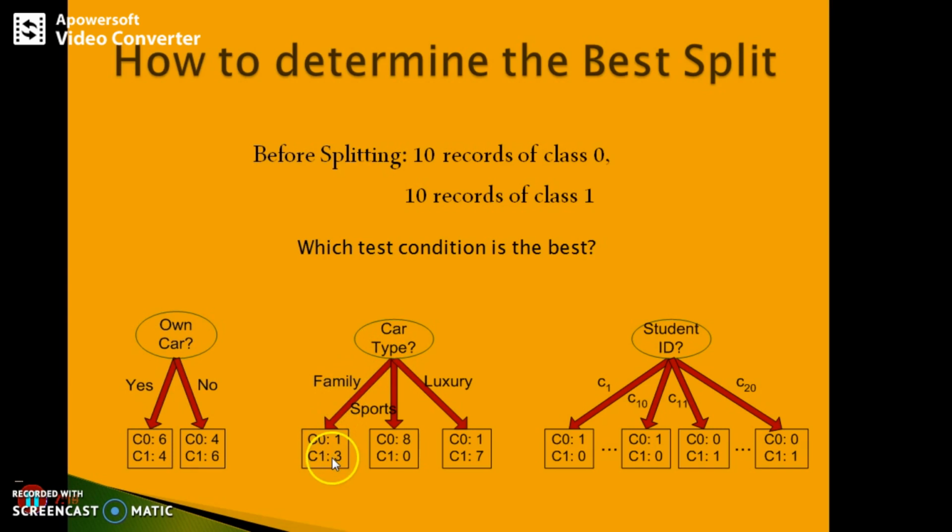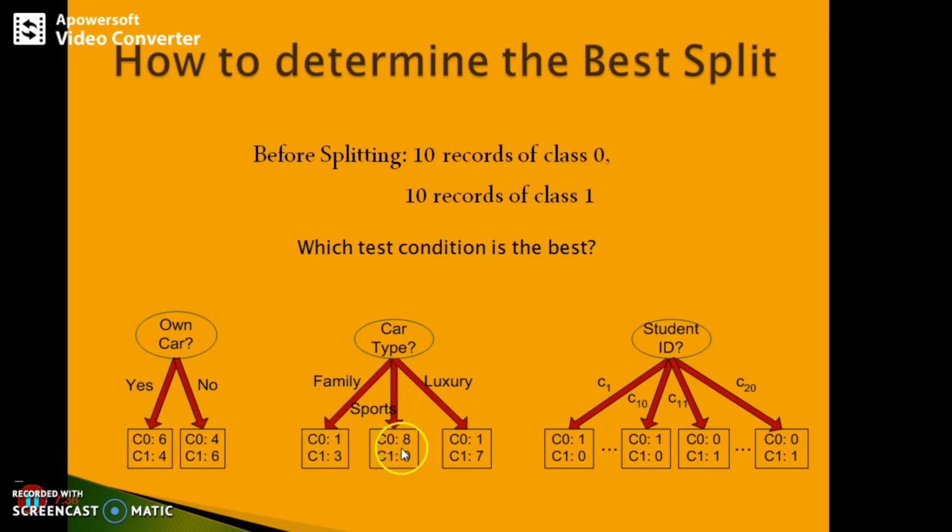So there are at most only 1 record of class C0 with family car type. So this is almost a better classification, because the majority of the records belong to class C1 and only 1 record is C0.